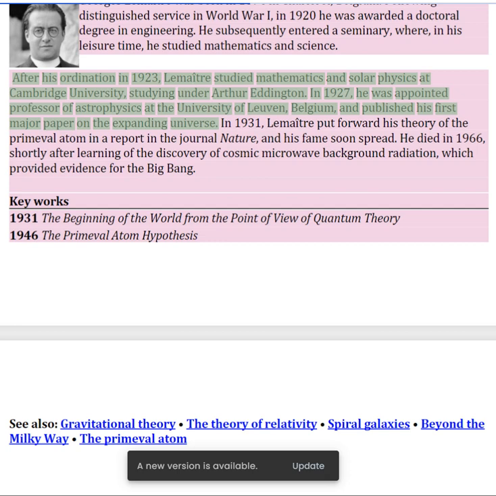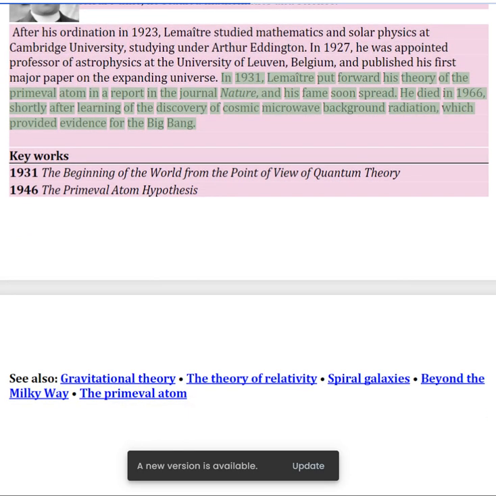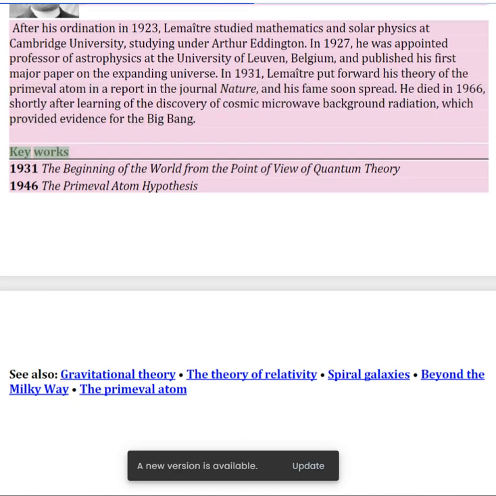In 1927, he was appointed professor of astrophysics at the University of Leuven, Belgium, and published his first major paper on the expanding universe. In 1931, Lemaitre put forward his theory of the primeval atom in a report in the journal Nature, and his fame soon spread. He died in 1966, shortly after learning of the discovery of cosmic microwave background radiation, which provided evidence for the Big Bang.